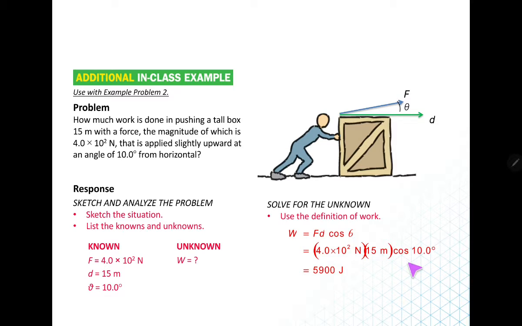By the way, cosine 10 degree is equal to 0.9. So when you multiply 0.9 by 15 by 4 times 10 square, that will approximately equal 5,900 joule.